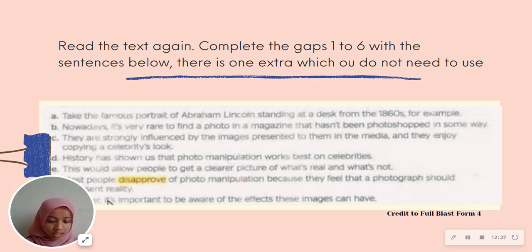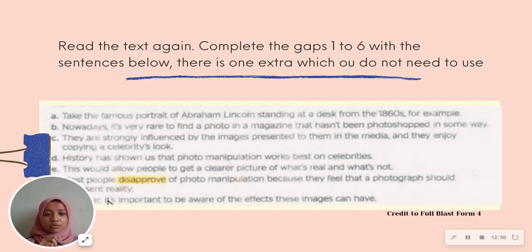For activity 1, the letter that is not used is F. F is: most people disapprove of photo manipulation because they feel that a photograph should be present in reality. This is the sentence that is not included in the text that we have read.